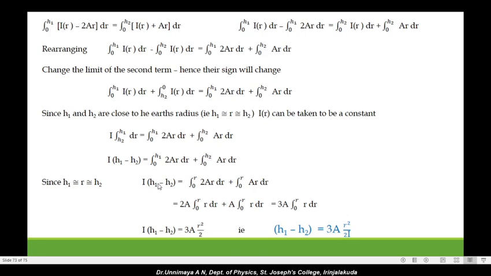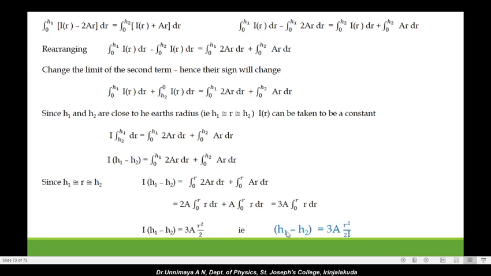That is, I into h1 minus h2 is equal to integral from 0 to r of 2AR dr plus integral from 0 to r of AR dr. So 2a is constant, take it outside, integral 0 to r dr, plus a constant, take it outside, integral 0 to r dr. So we have 3a times integral 0 to r dr. Integrating we will have r square by 2. So I into h1 minus h2 is equal to 3a into r square by 2.